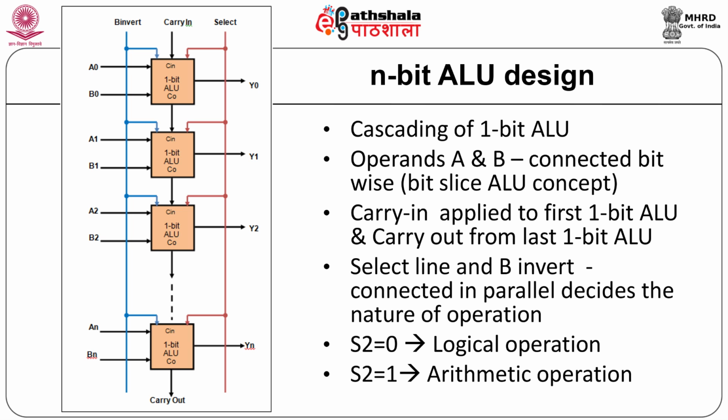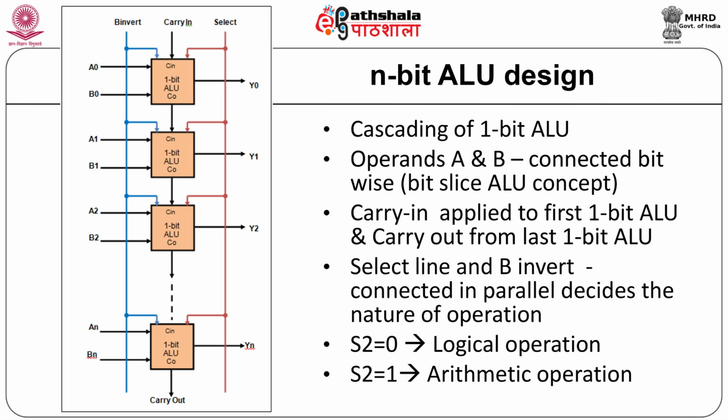With this concept, it is possible to extend to 4-bit, 8-bit, 16-bit or 32-bit ALU. Operands A and B are connected bitwise to individual 1-bit ALUs. Such design is also referred to as bit slice ALU design.